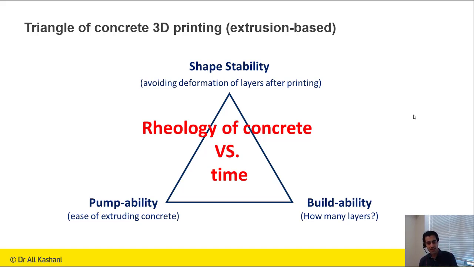In this case we have 3 elements: shape stability, like avoiding the deformation of the layers of the printing; buildability, like how many layers we can put on top of each other before it collapses; and pumpability. We need to pump the material to the nozzle and then extrude it, so if the material is too stiff for pumping, that is another hurdle, and our material wouldn't fit for construction 3D printing.